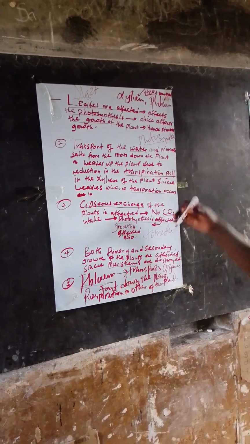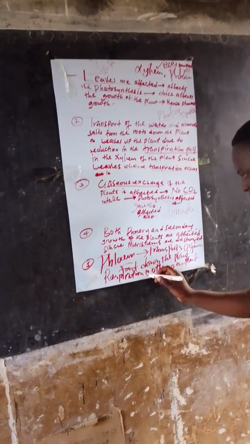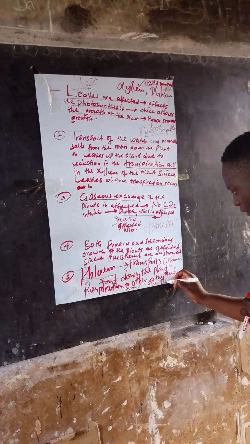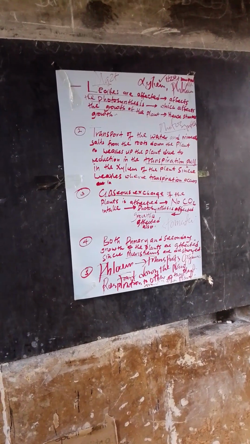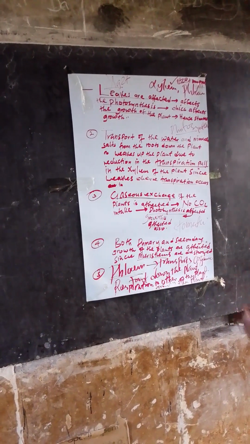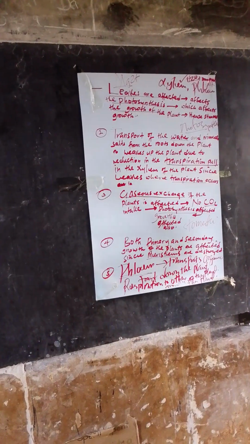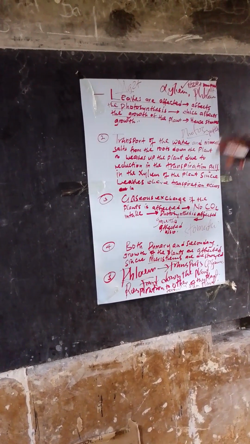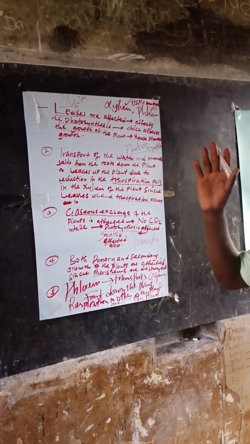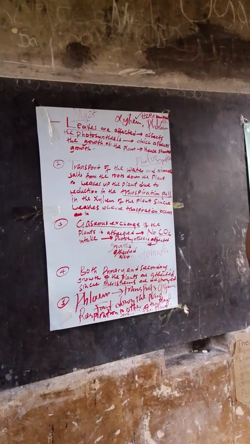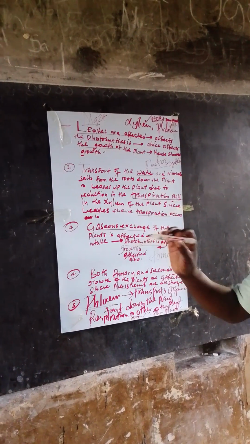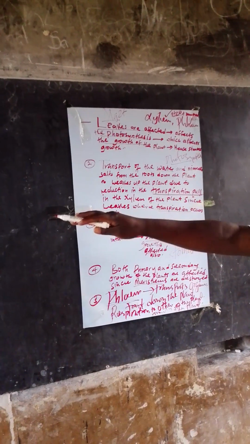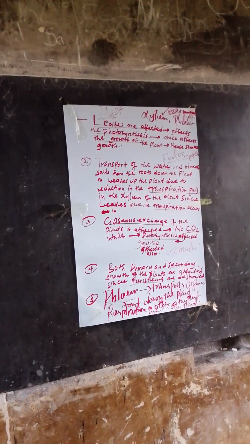So indirectly I'm affecting the growth of the plant. Other people can think of other things, but according to me, these are the effects of the above activities which affected the plant, bringing about the stunted growth.